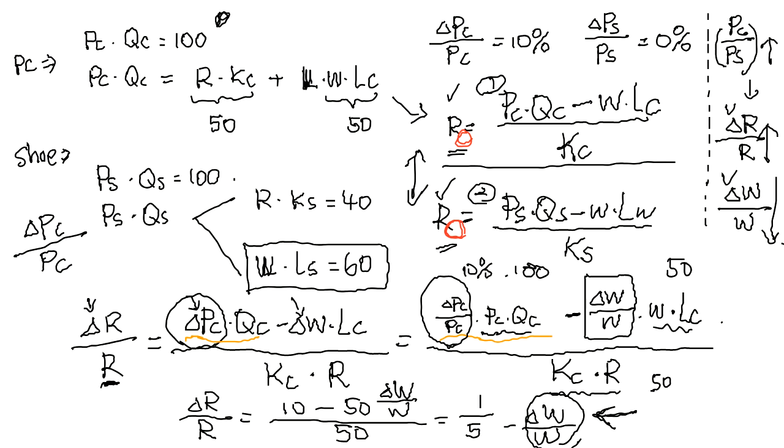Where is my other equation coming from? Now I have the percentage change in the return on the capital in the computer sector. I need to figure out this one as well, right?